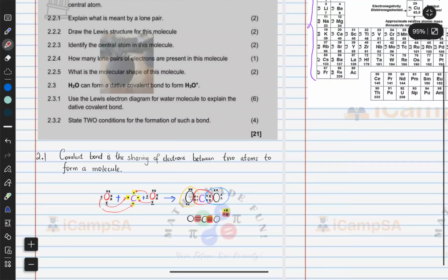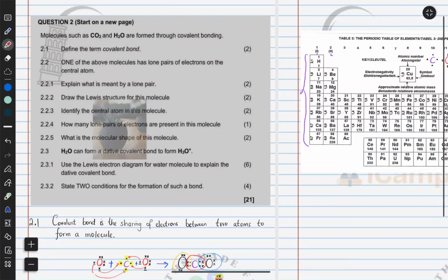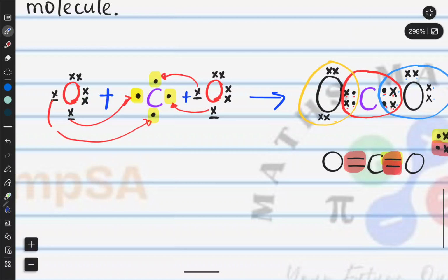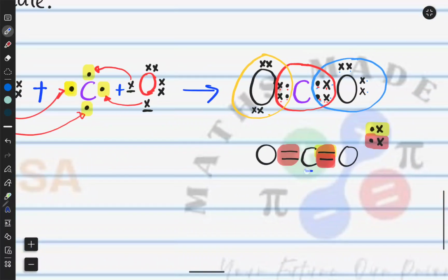All right, let's continue. So now we're going to 2.2. One of the above molecules has lone pairs of electrons on the central atom. Again, what is a central atom? It's that atom in the center that holds the other atoms together, right? So in this case, it will be carbon. Carbon is at the center, right?